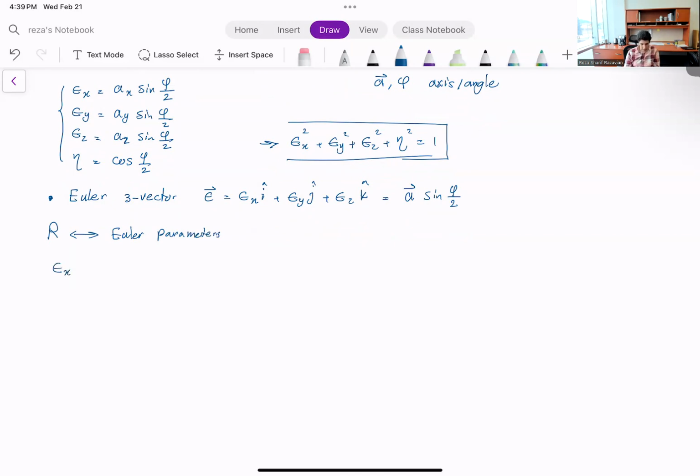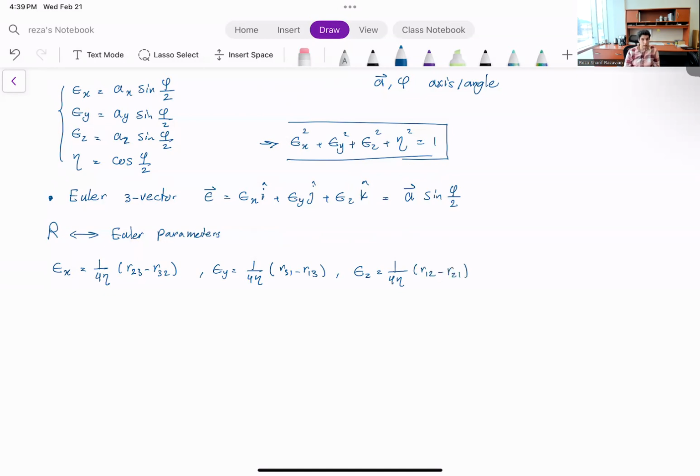Epsilon x is 1/4 eta times R23 minus R32. Your epsilon y is 1/4 eta times R31 minus R13. Epsilon z is 1/4 eta times R12 minus R21.